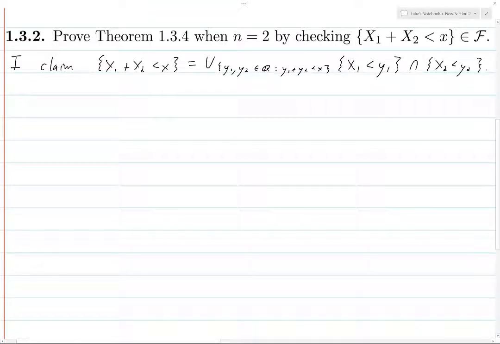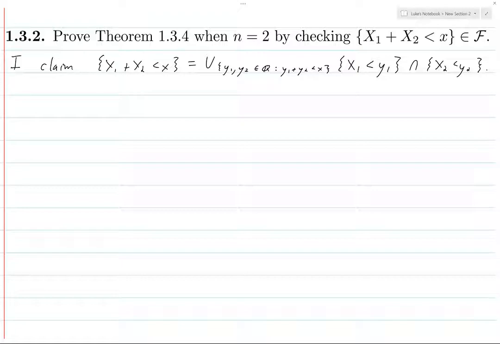Okay, so this weird formula on the right-hand side: the set of all lomega such that x1 of lomega is strictly less than y1 is going to be an element of F because it's the inverse image under x1 of the open interval from negative infinity to y1.